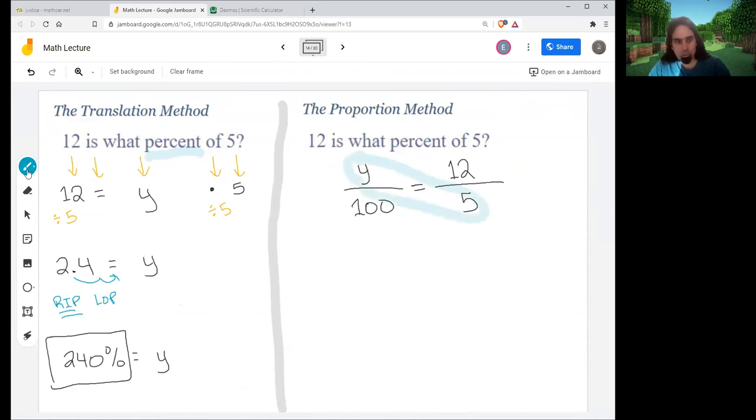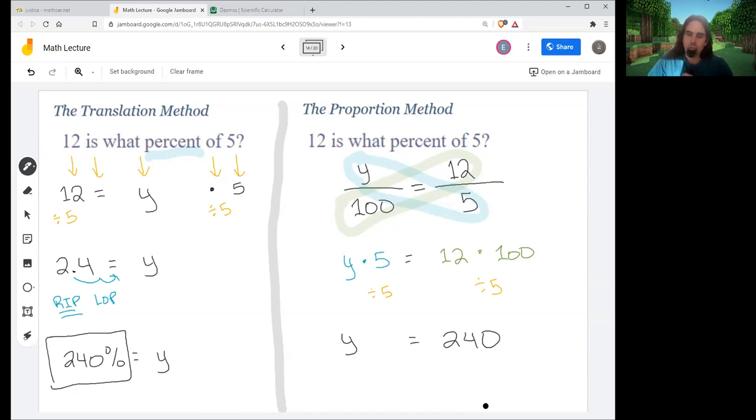Y times 5 equals 12 times 100. And if I do 12 times 100 divided by 5, surprise, surprise, I get 240.